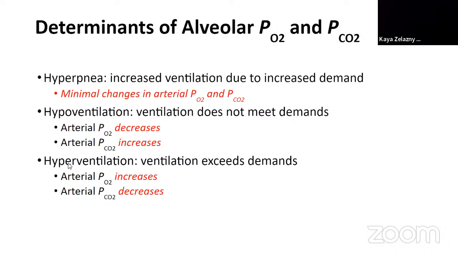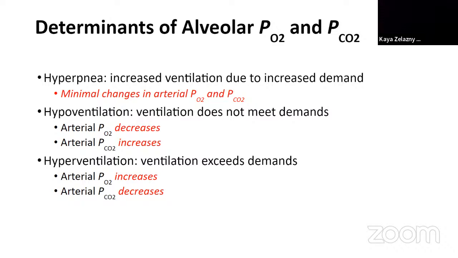So hyperventilation is the opposite. You're feeling really panicky, you're breathing really fast. This means your ventilation is exceeding demands. So you're breathing faster than your tissue is actually using the oxygen, faster than we're producing carbon dioxide.